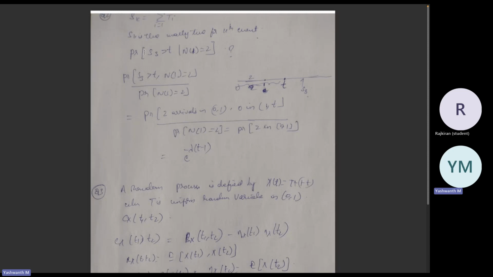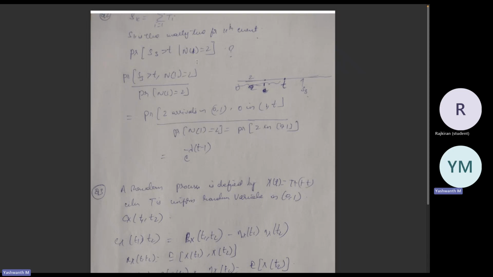So how do we do this? We want to evaluate this probability. We want S3 to happen after this time t, but you are given that up to time 1, 2 events have already occurred.